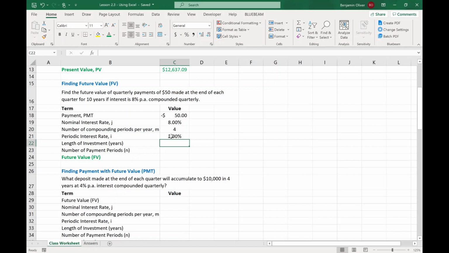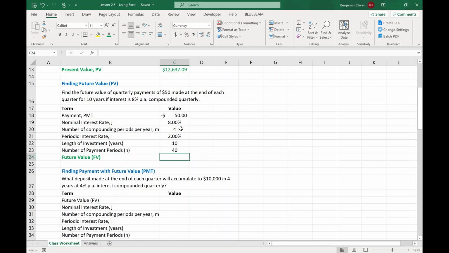So our periodic rate of interest is 2%. In our question, our investment was 10 years, so our length of investment is 10. Our number of payment periods is equal to our length of investment, 10 years, multiplied by our number of compounding periods per year.